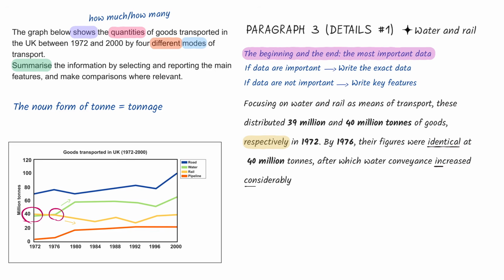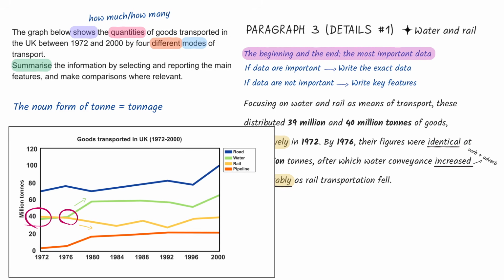So I use the structure of verb and adverb: increased considerably. Now, what happened to rail? There was a fall. Now, "as," which shows the opposite: as rail transportation fell. Because that was not a considerable decrease, I only write "fell" without any adverb. Now, what happens?